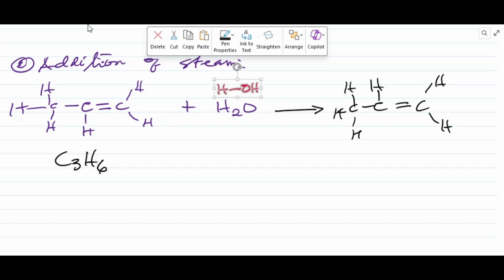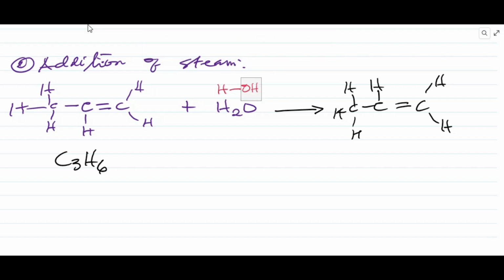It means the OH will go to one of the carbons, and then the H will come to the other carbon atom. So we have our OH at this side, and then we have our hydrogen at this side, and then the double bond will go. It becomes a single bond, something like this.